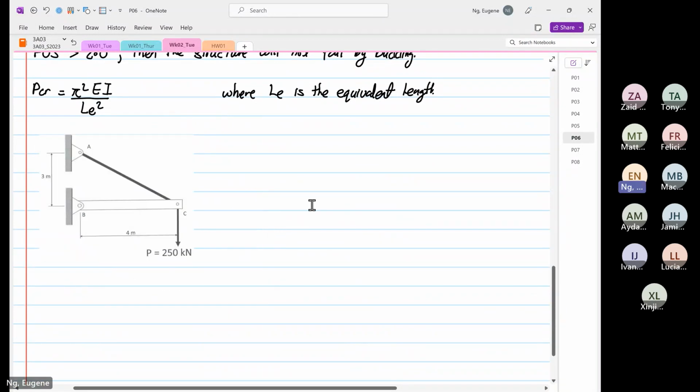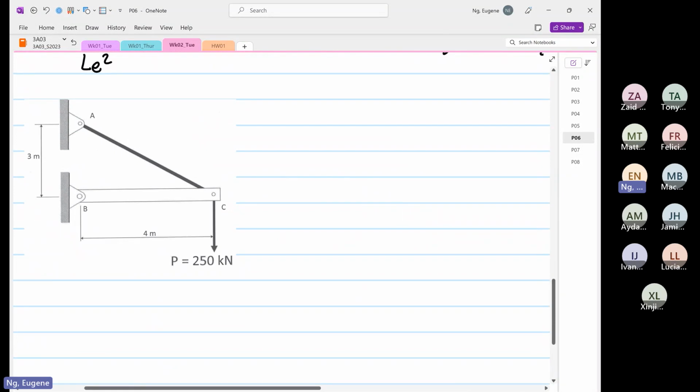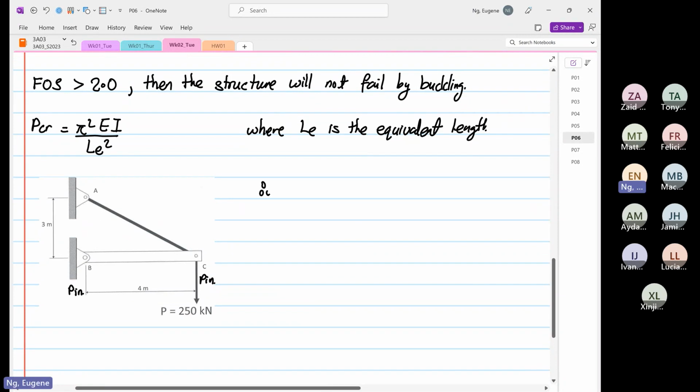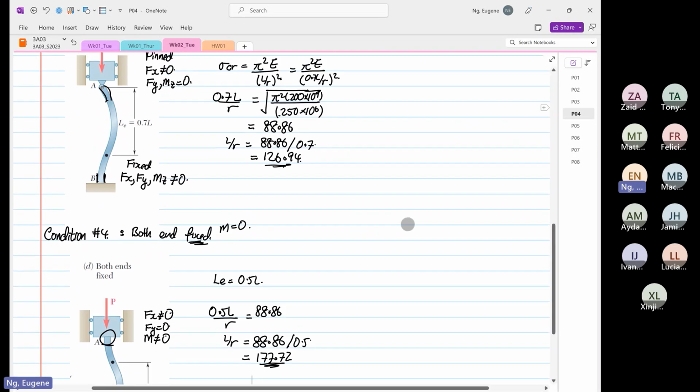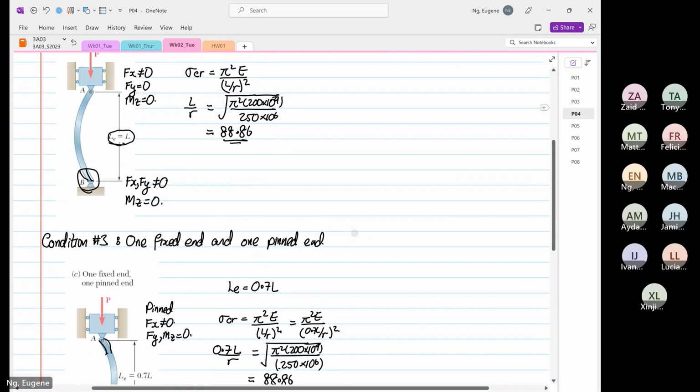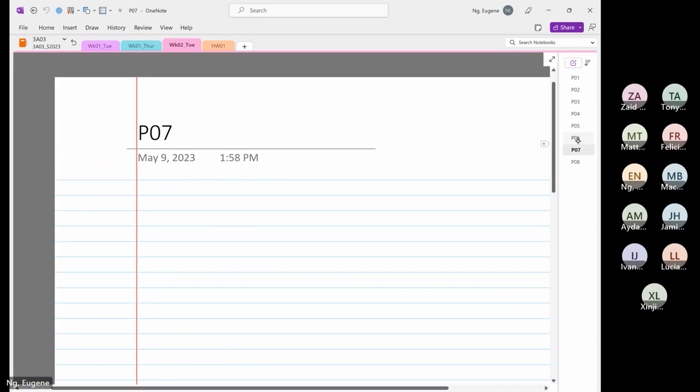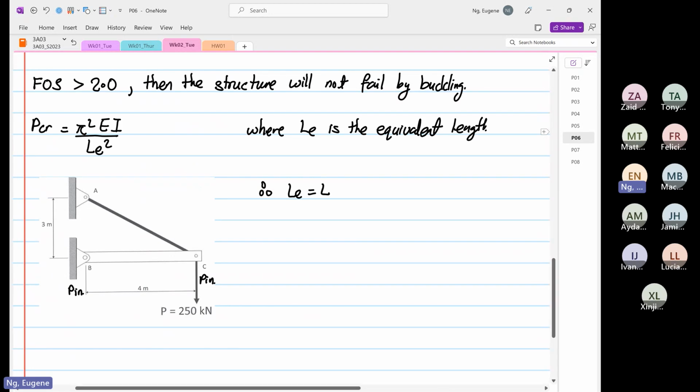If you look at member BC, they are pin at this end and pin at the other end. So therefore, if both ends are pin, we look at our table. LE is equal to L, and L is equal to 4 meters.